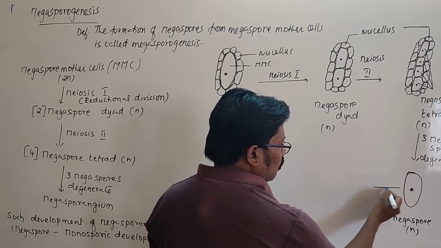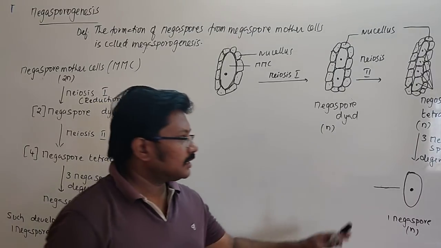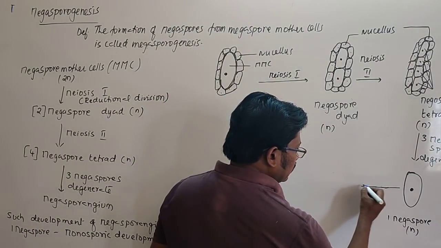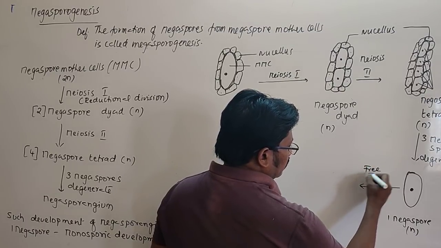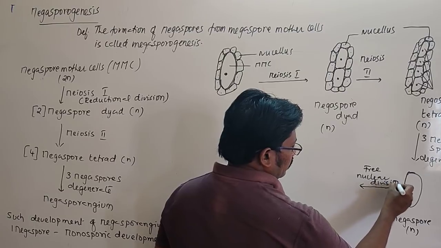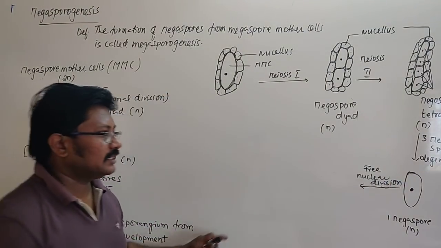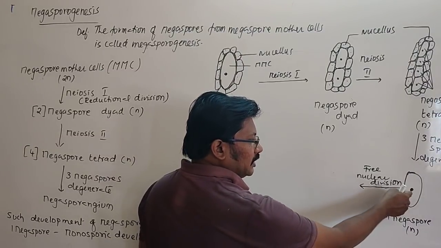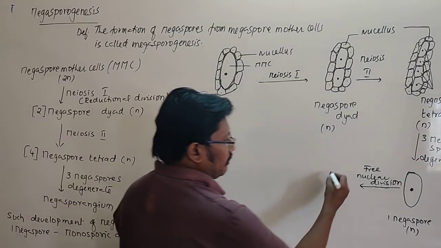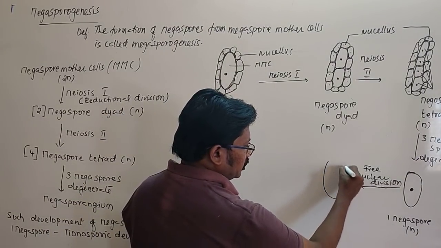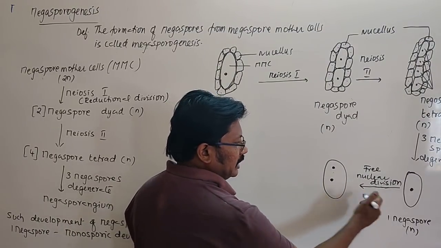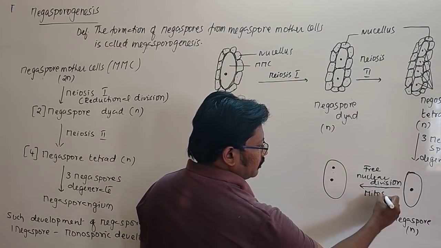Of course, the mitosis is not followed by cytokinesis, only by karyokinesis. So I call it free nuclear division, which means only the nucleus will divide, whereas the whole cell doesn't divide. That results in the formation of two nuclei. Of course, the type of division here is mitosis.